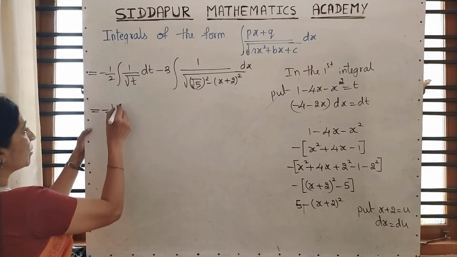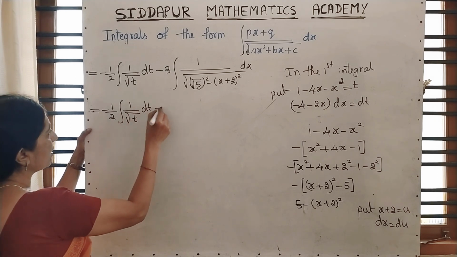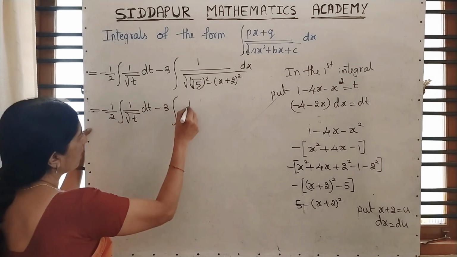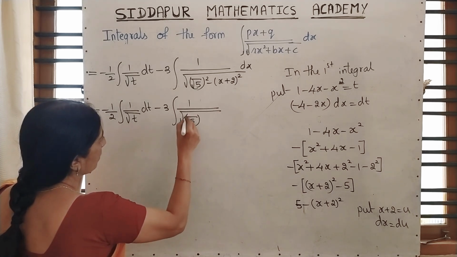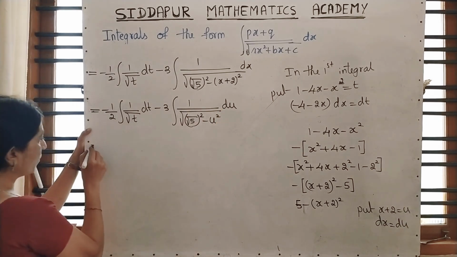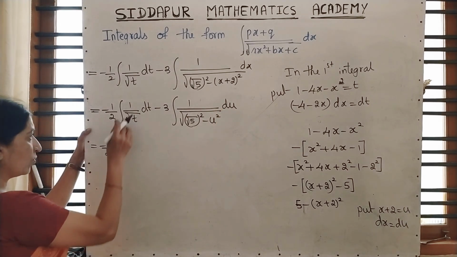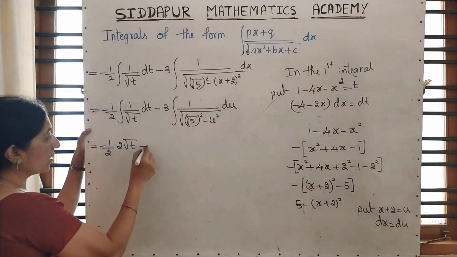Minus 1 by 2 integration of 1 by root t into dt, minus 3, 1 upon root of root 5 square minus u square into du. It is minus 1 by 2, integration of 1 by root t is 2 root t, minus 3.